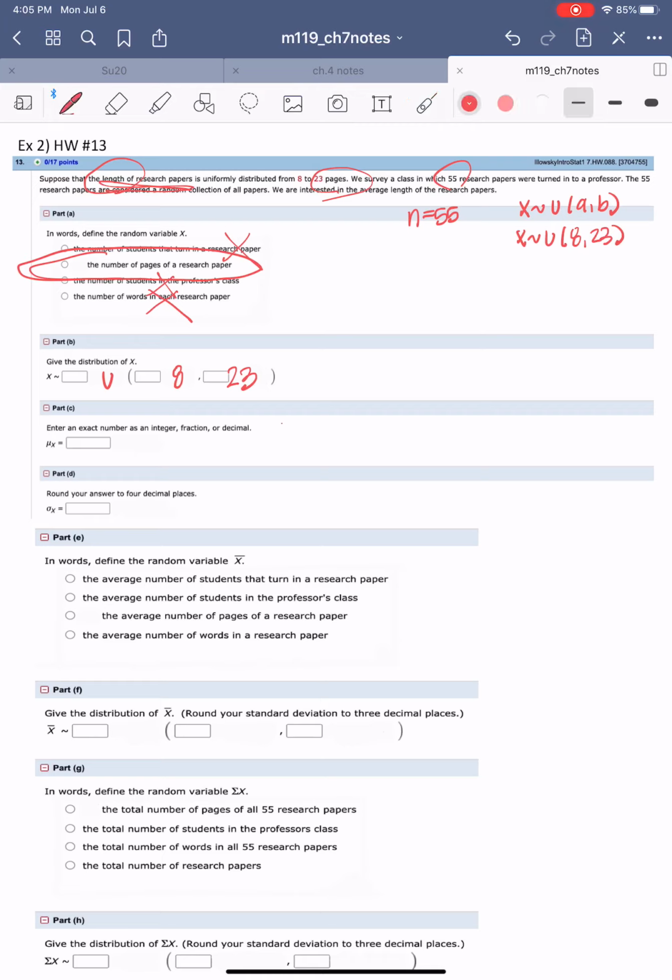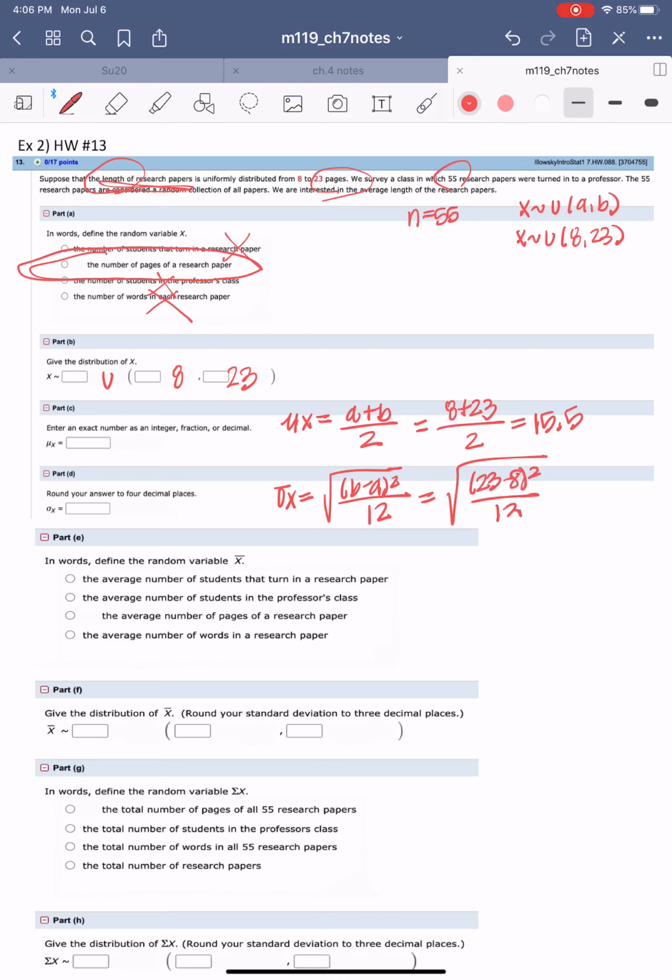Your mu of x is a plus b divided by 2. Your standard deviation for x, since it's a uniform distribution, you use the uniform formula, square root of b minus a squared over 12. Plug it in: 8 plus 23 over 2, 15.5. Sigma of x is the square root of 23 take away 8 squared over 12. Using the calculator, I got 4.3301.